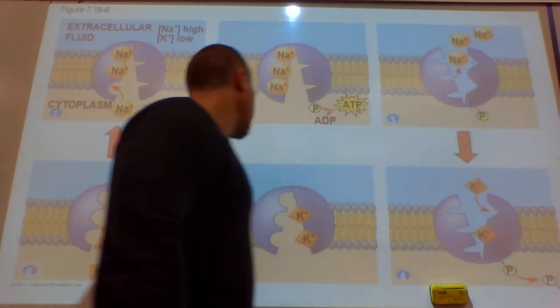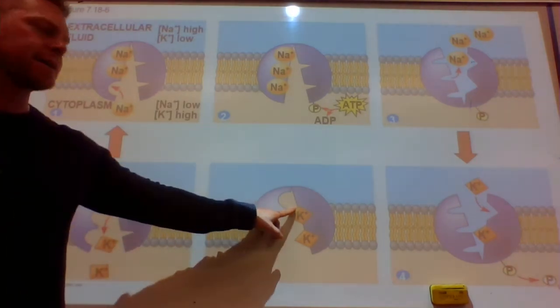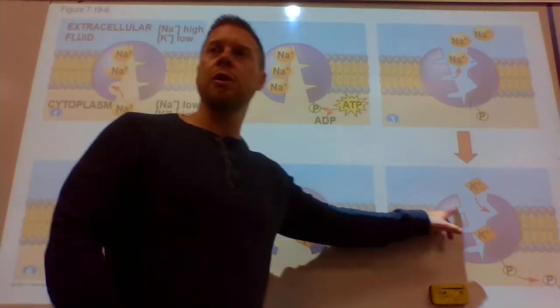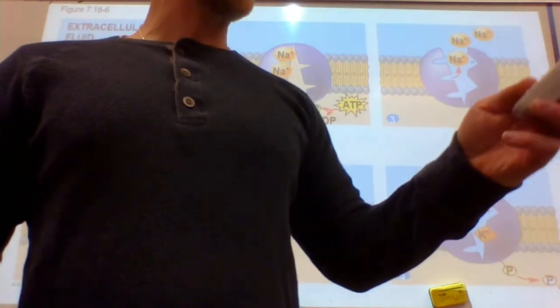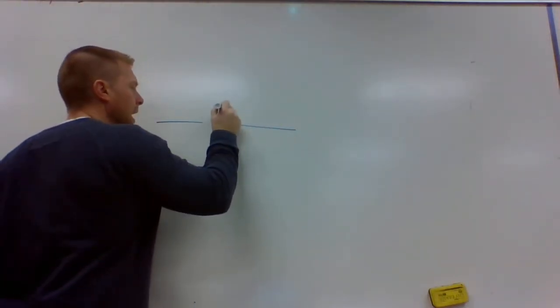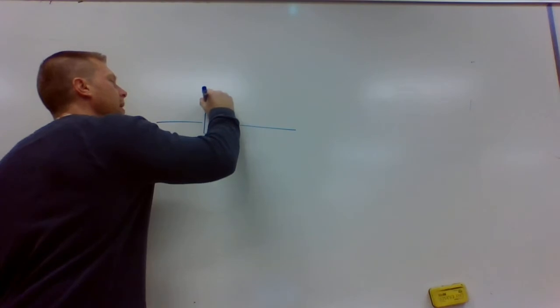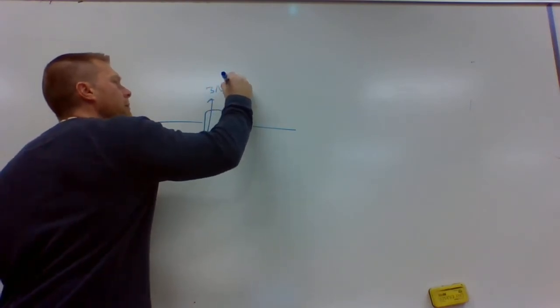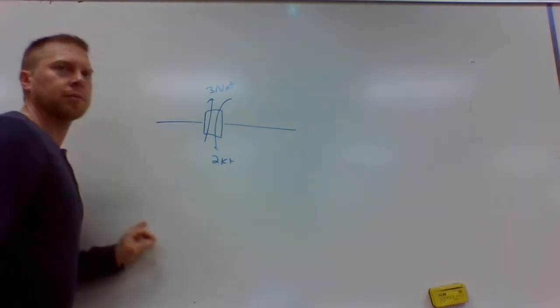And it's using energy in the form of ATP to then pump potassium into the cell. So if we look at that for a second, the sodium-potassium pump is simultaneously generating two gradients. It's pumping 3 sodium out, it's pumping 2 potassium in.